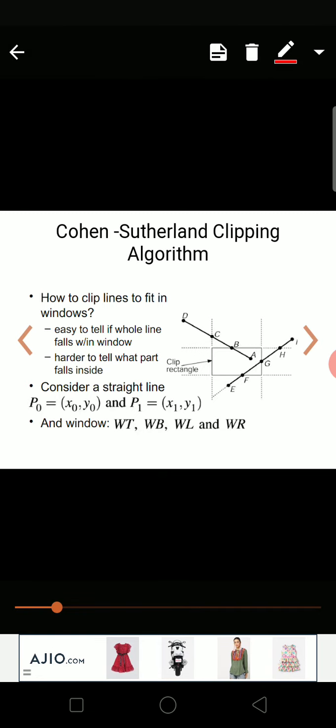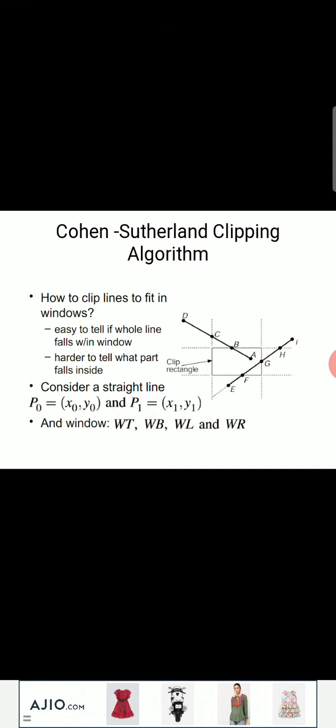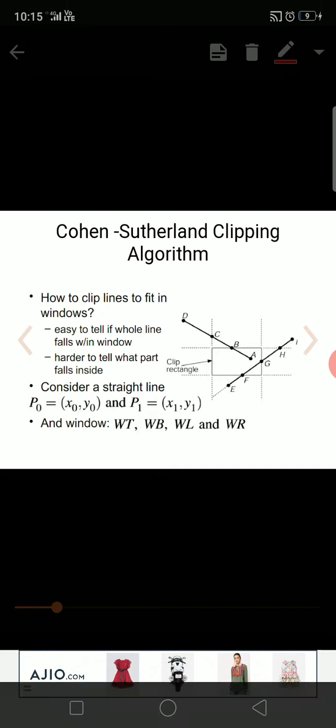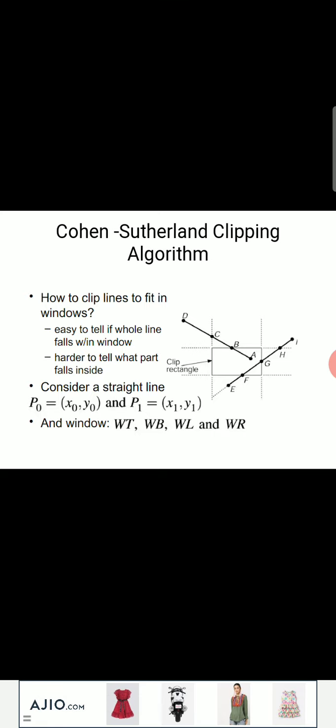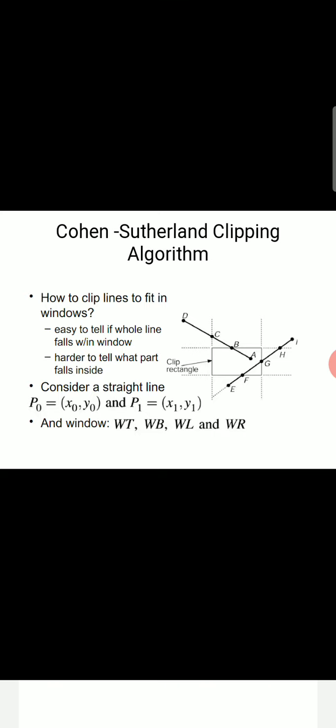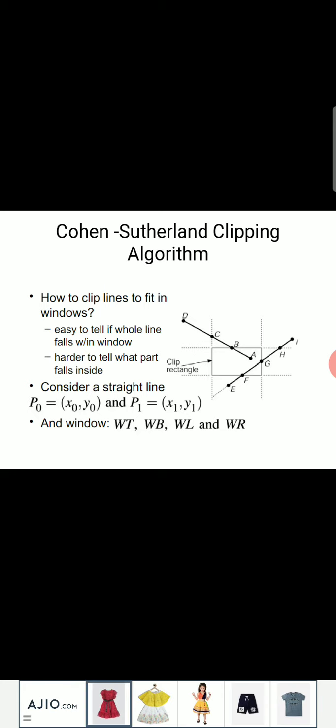Consider a straight line whose endpoints are P0 and P1, with a window whose bounds are WT, WB, WL and WR, which are nothing but the top, bottom, left and right bounds of the window respectively.